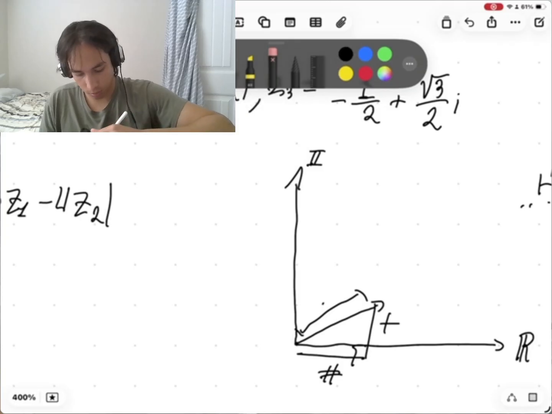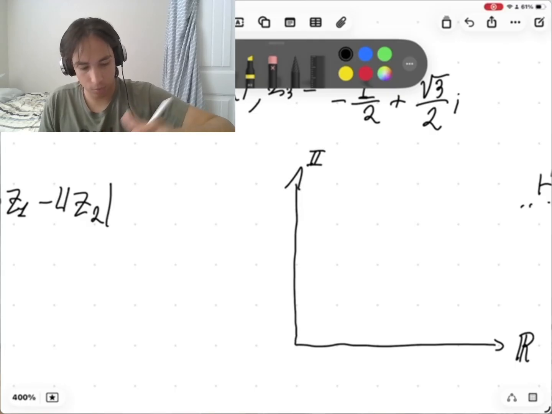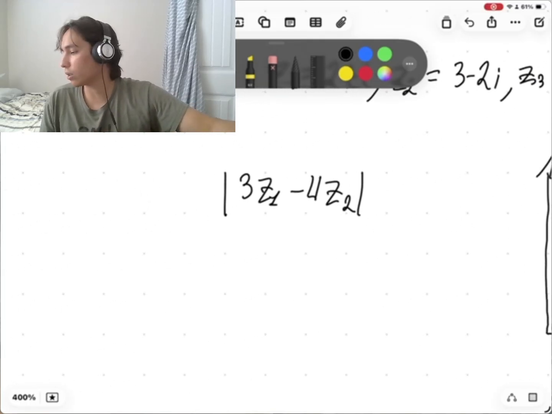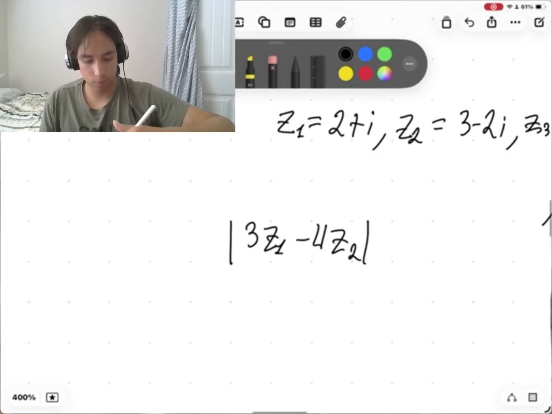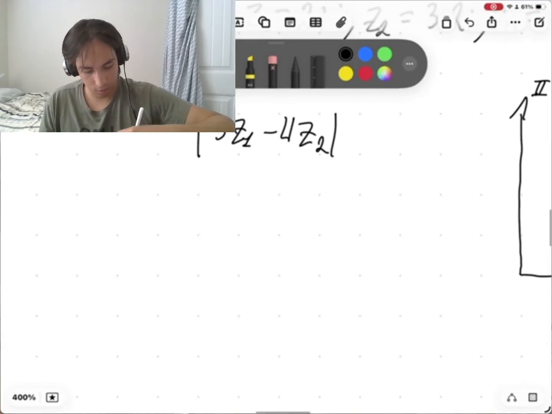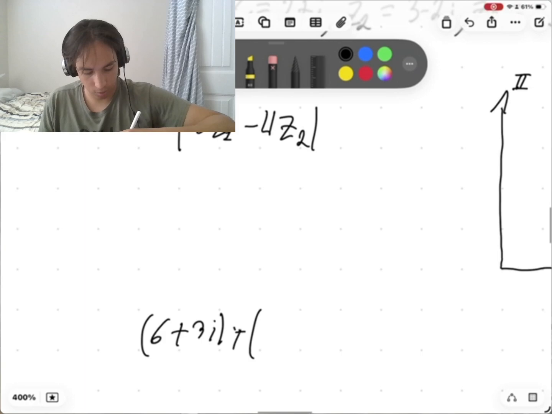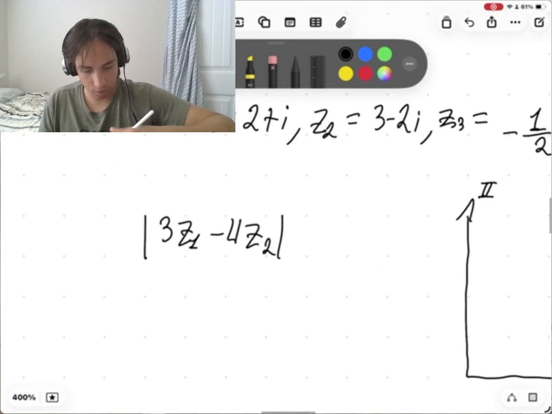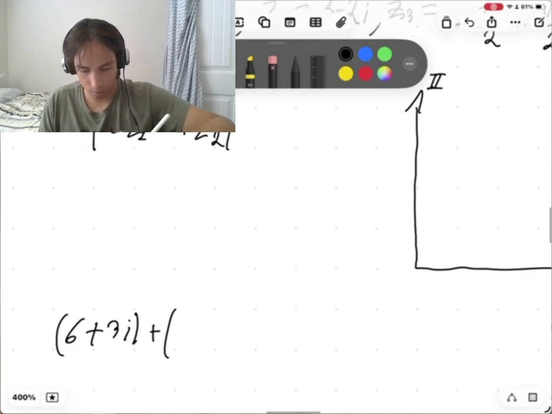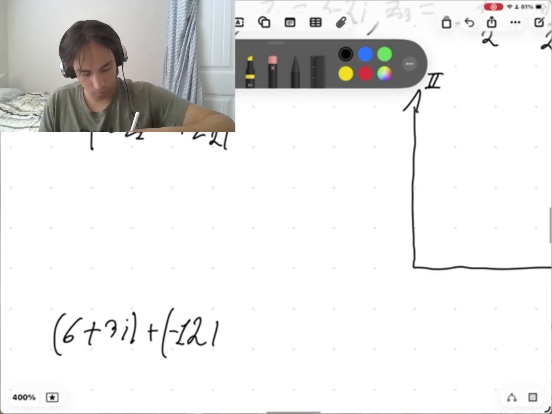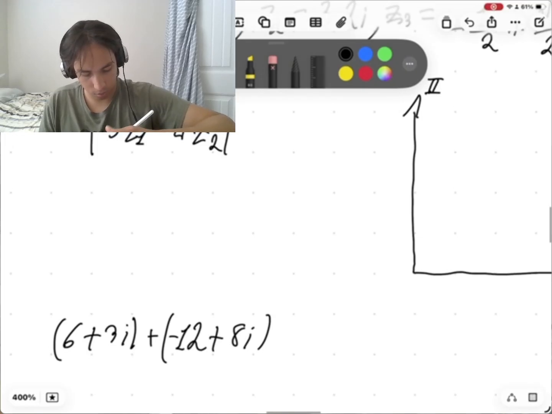So we can do the first problem so you can see it better. 3z1 is 6 plus 3i minus 4, actually plus -4 times z2, which is -12 plus 8i.